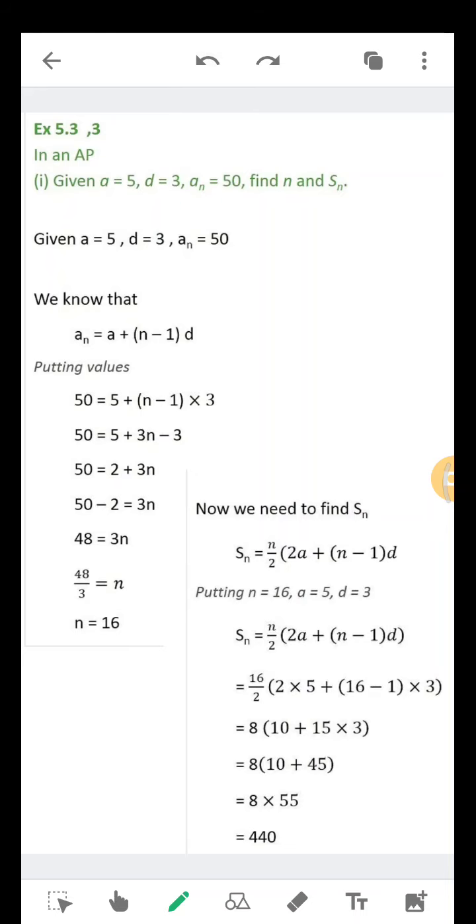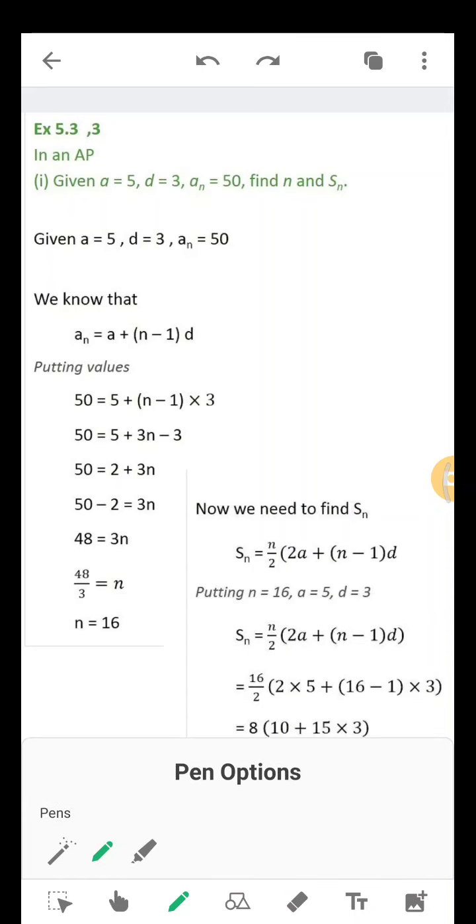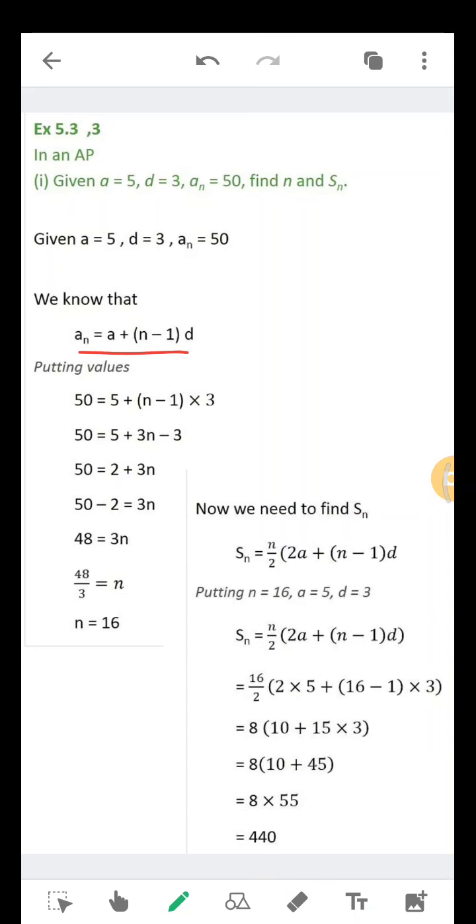We'll begin from an. An is given to us, that is the nth term. We know the formula of an is a plus n minus 1 into d. An is given as 50 and a is 5, n minus 1 into d. So I can find the n value from this formula. If you simplify it, you will get the n value as 16.